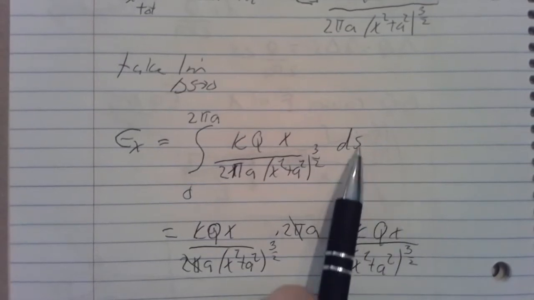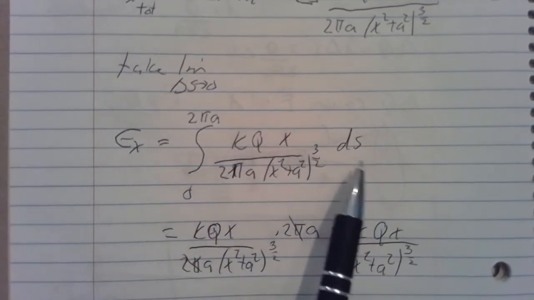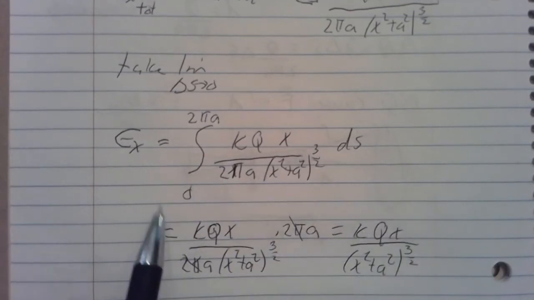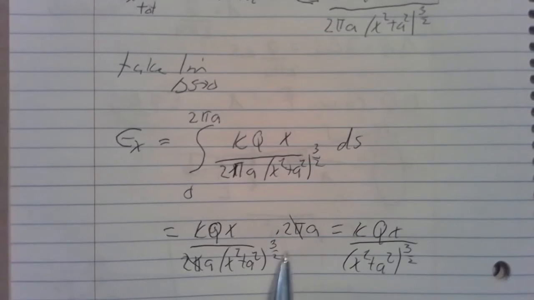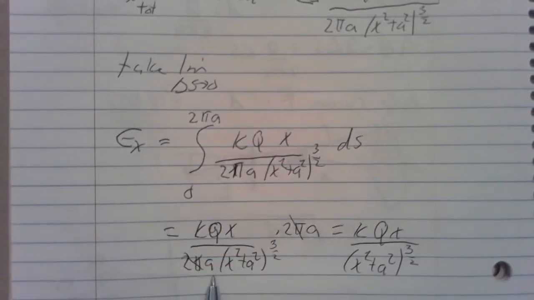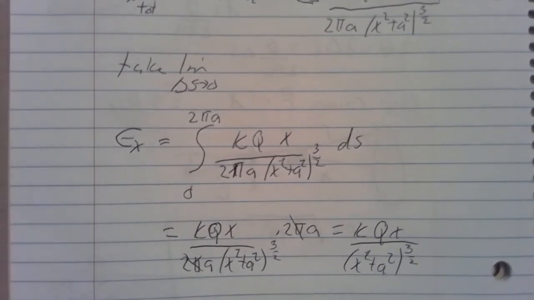That's all we're doing. We're integrating arc length around the circle. The antiderivative of ds is just s, and then evaluated from 0 to 2 pi a. So we just get a 2 pi a. All of this came out. The 2 pi a's cancel, and we get this expression.